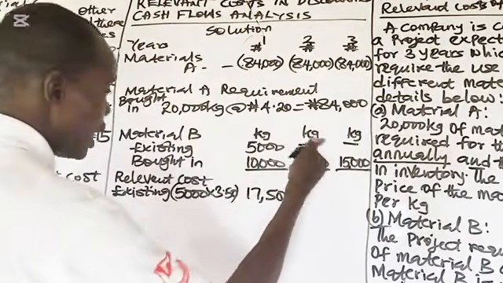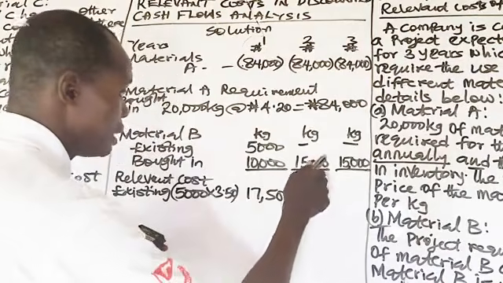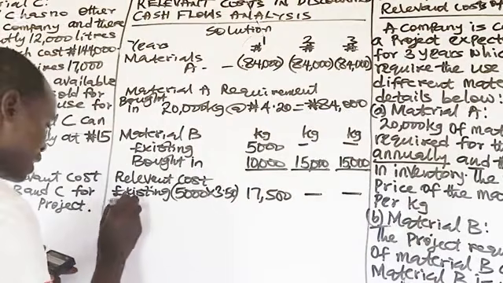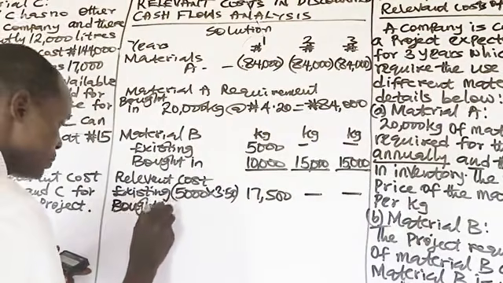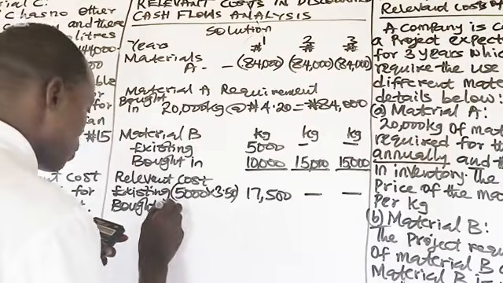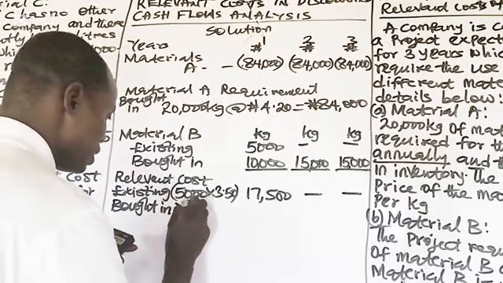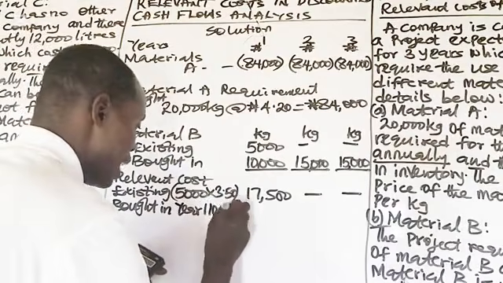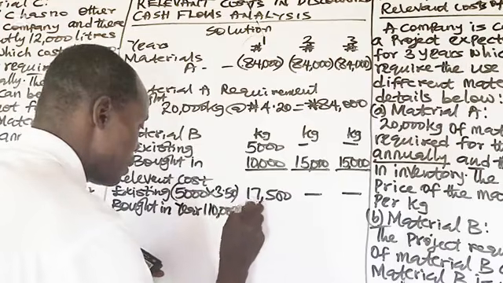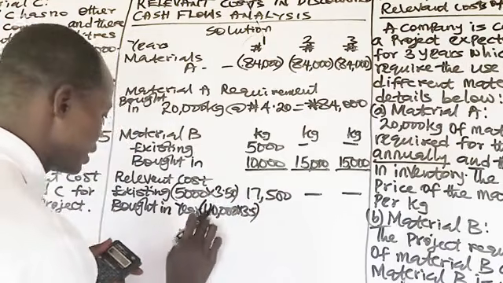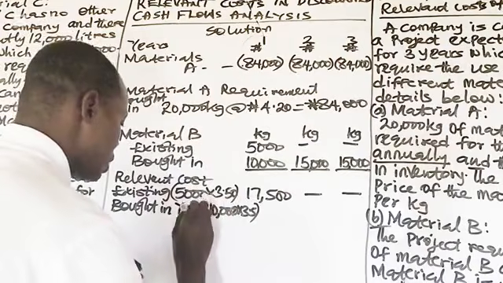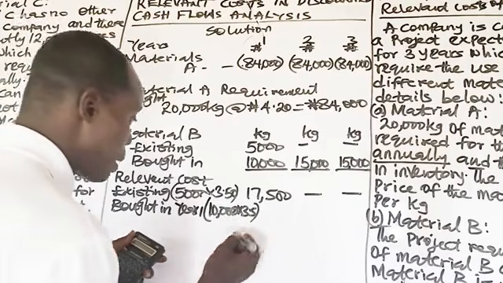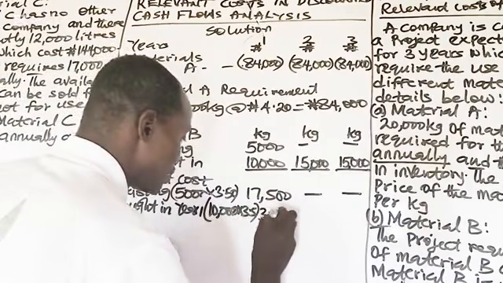But in year 2, no existing material B. In year 3, no existing. But bought-in materials now. In year 1, you will buy 10,000 at 3.50 kobo, the current replacement price. That will give us 35,000.